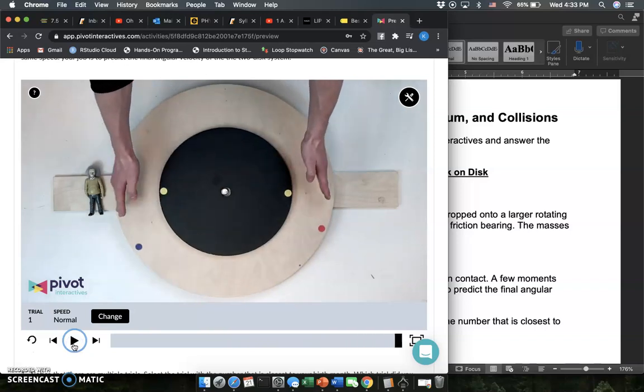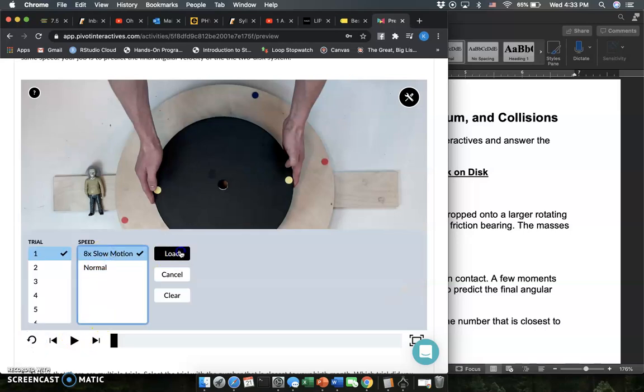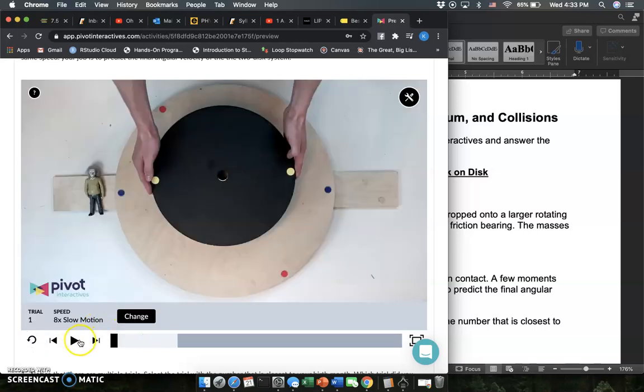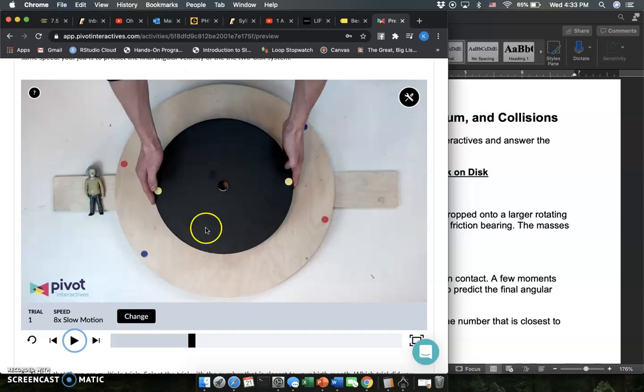Okay, if I change it to slow motion, you notice that only the larger outer disc is spinning, and the inner one, which this person is going to drop, is not spinning, so it's stationary.